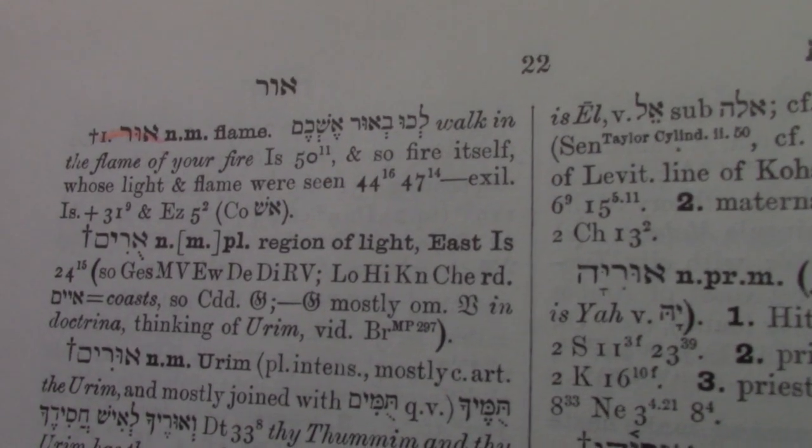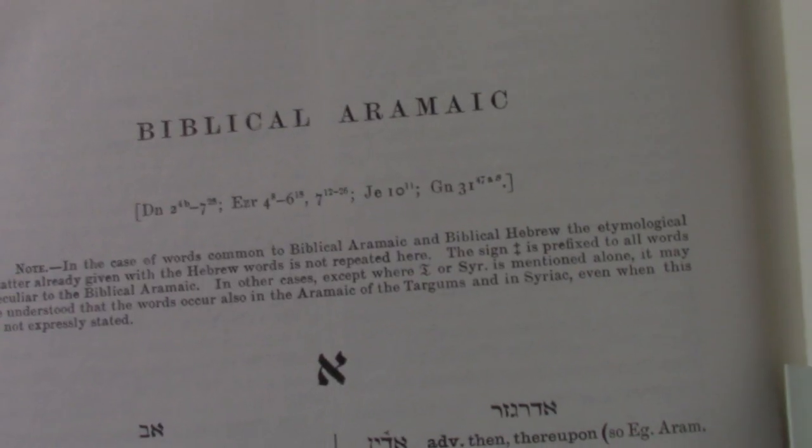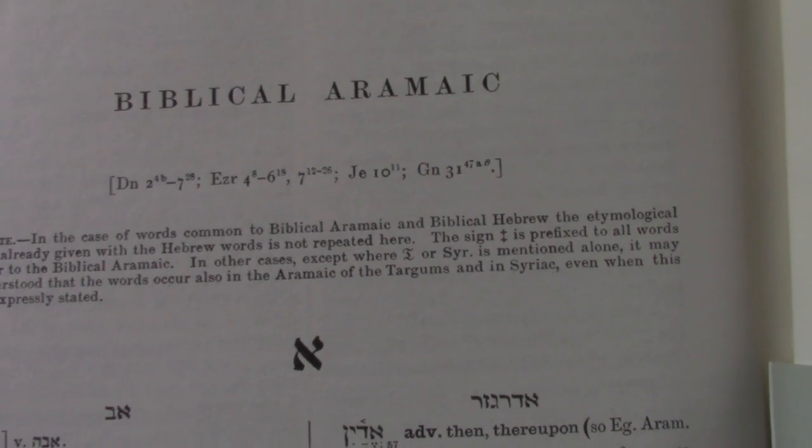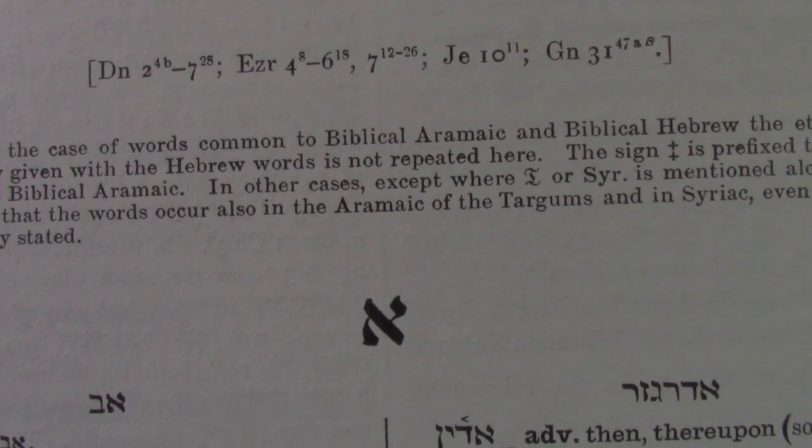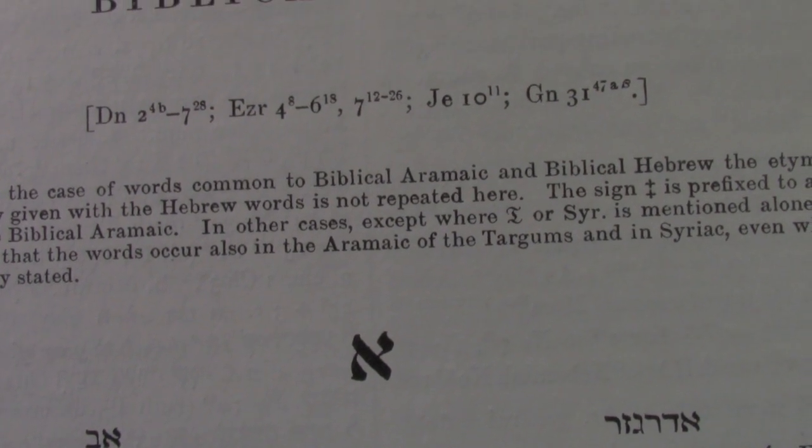But this word right here, I have highlighted. I'm going to show you something in the back real quick to go along with it. So what you have in the back is the Aramaic. Matter of fact, let me show you this part first. So first you have the Hebrew portion, it appears, and then in the back you have the biblical Aramaic, and it shows you some books that use Aramaic.